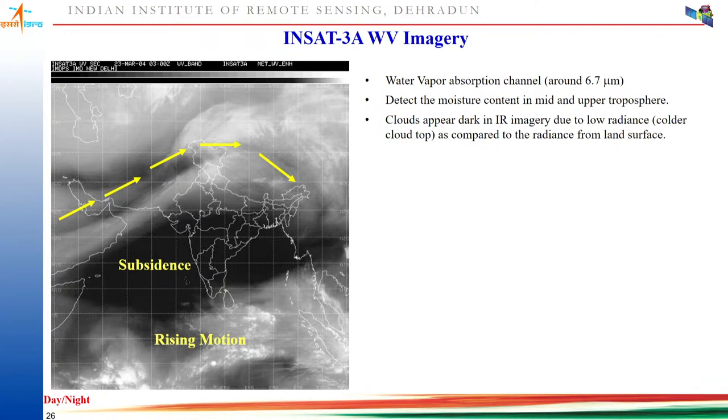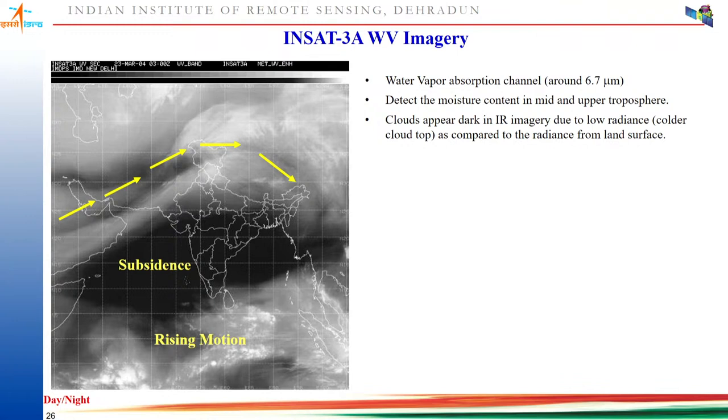Now the water vapor image, which is around 6.7 micron, is the water vapor absorption channel. It detects the moisture content in the middle and the upper troposphere. As I said, the infrared and water vapor channel images are inverted, because we have a habit of seeing clouds as white.